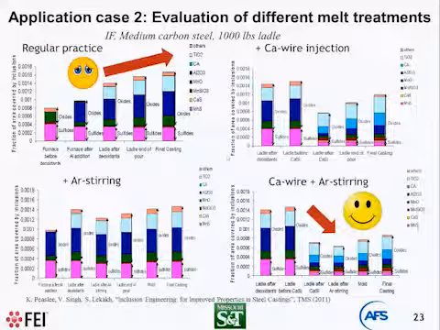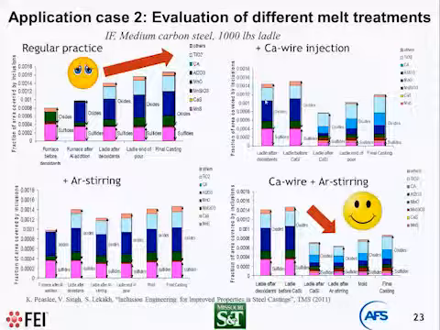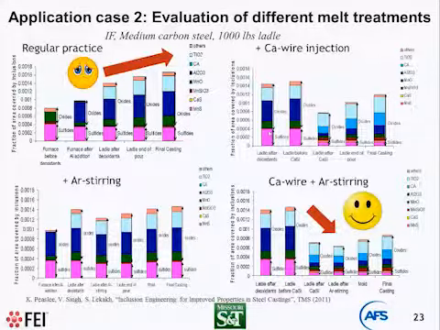If we apply calcium treatment, we significantly transform the chemistry of inclusions. This is before calcium, and after calcium we can see we have an aluminum-calcium inclusion area, and these inclusions are typically liquid. So we have significantly changed chemistry. Unfortunately, this will not help us.